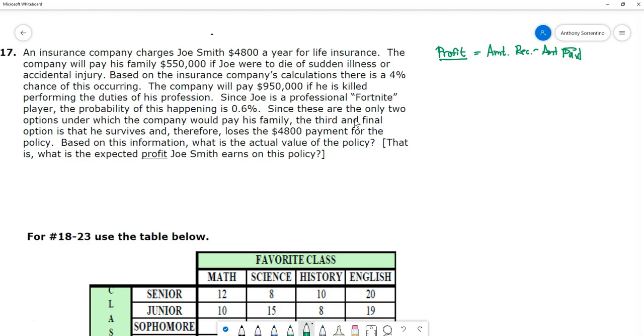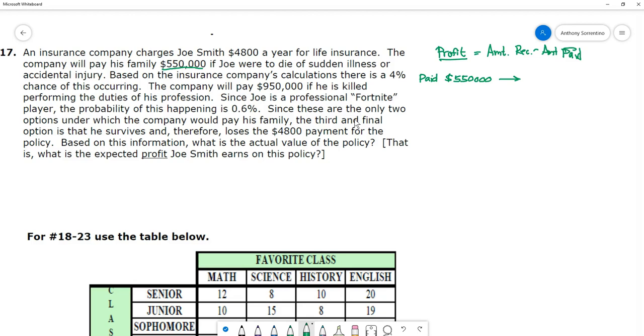So for instance, if he gets $550,000, not him so much because he'll be dead, I had to take that 550,000 minus the 4,800 that he's already paid.